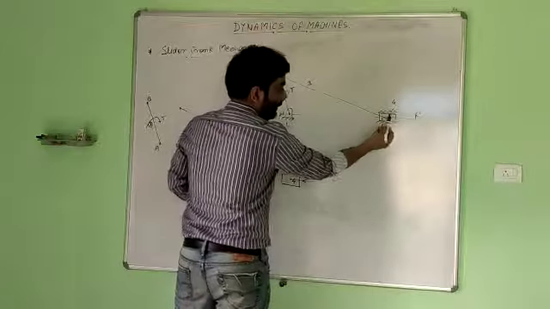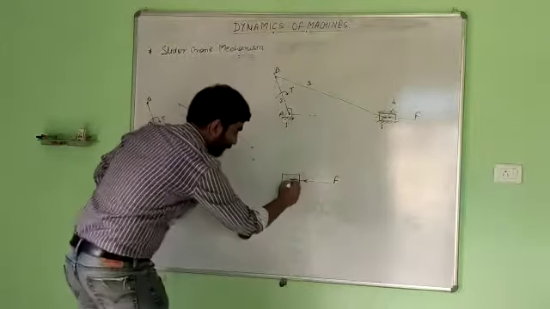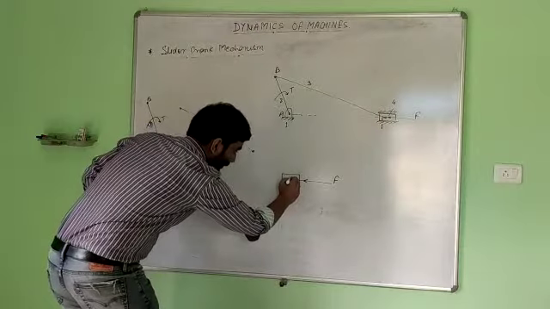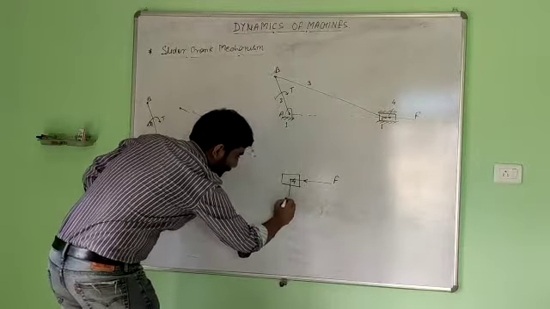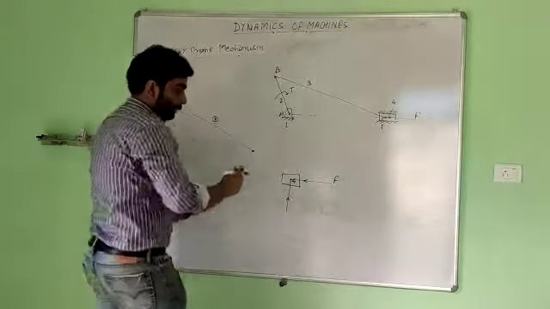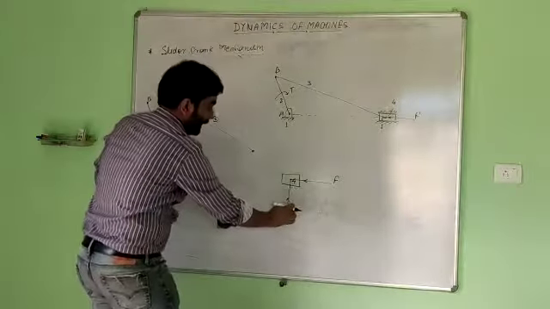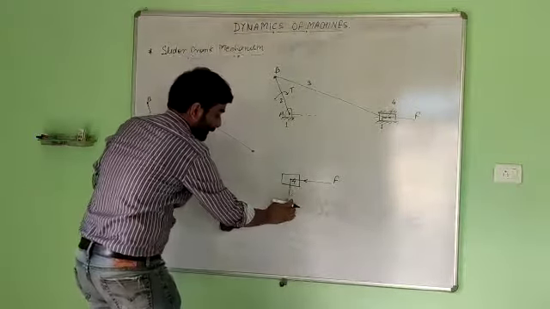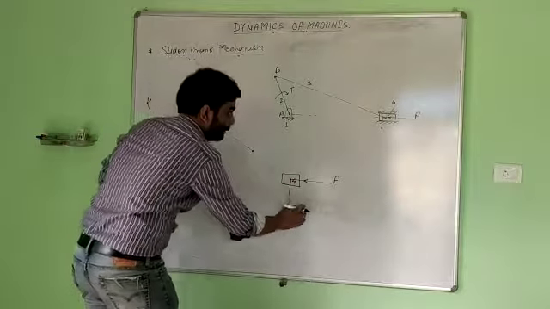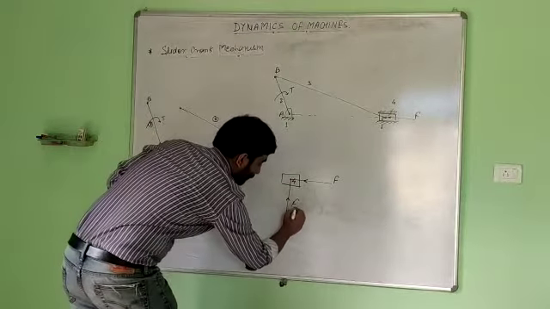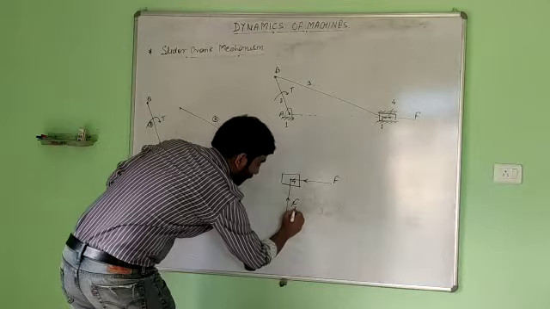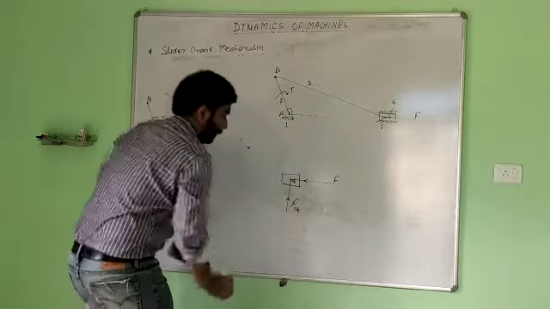This is a horizontal plane, so the reaction will be perpendicular, this one. So we know the externally applied force F, and we know the direction of that reaction, though not the magnitude. This force will be the force by member 1 on member 4.